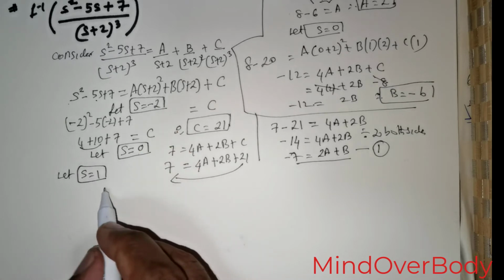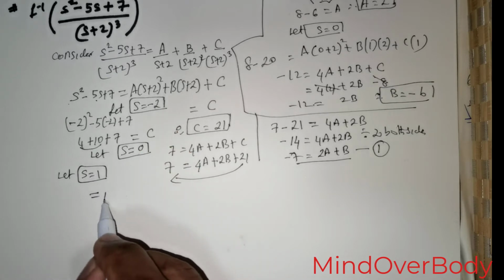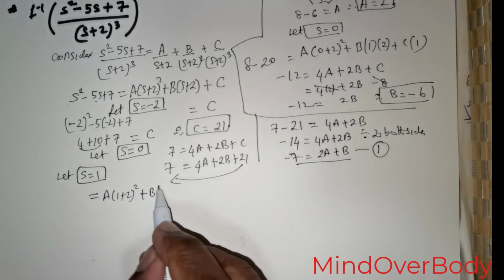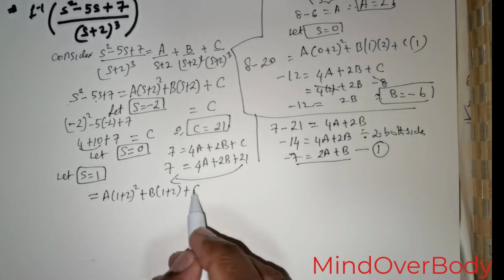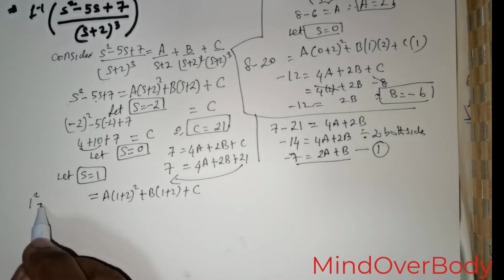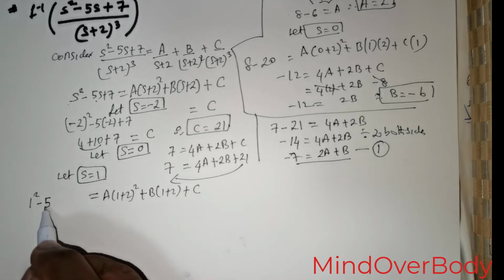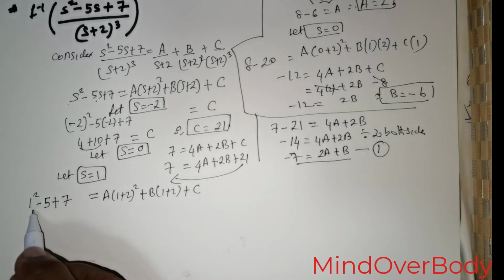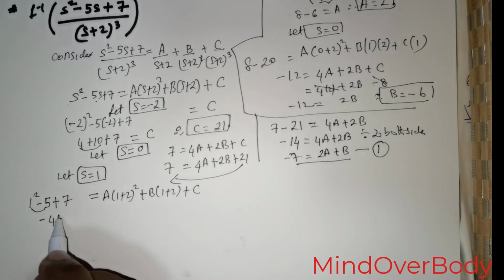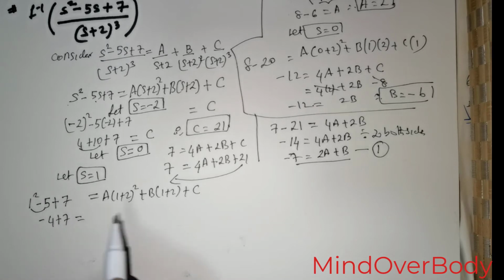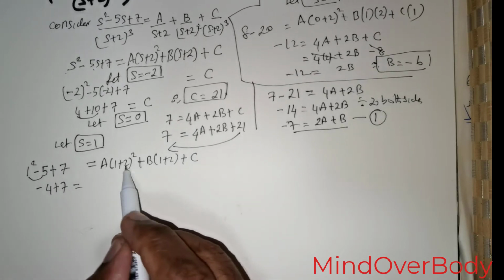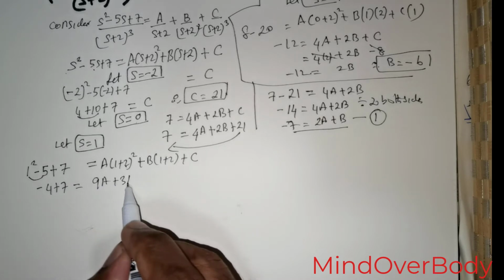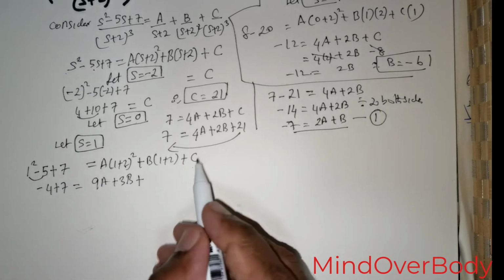If I were to substitute that value there, I would get A of 1 positive 2 raised to the power of 2, positive B of 1 positive 2, positive C. This is 1 squared, negative 5 positive 7, this is going to be negative 4 positive 7 is equal to 1 positive 2, 3 squared is 9 times A, positive 3 times B, positive C is 21.